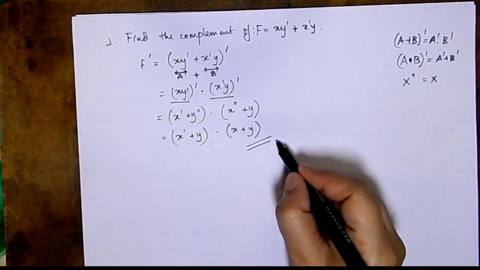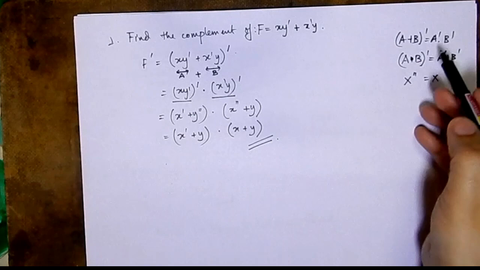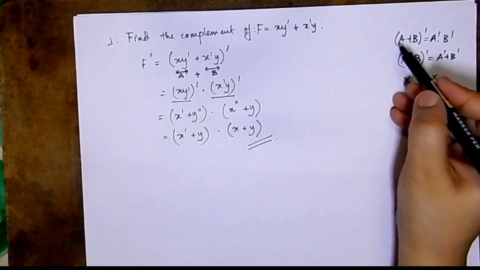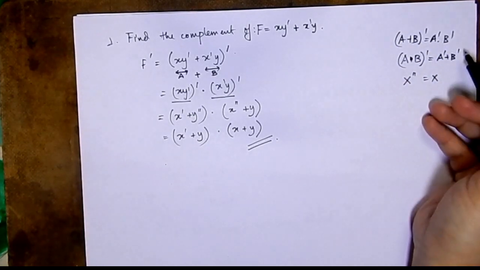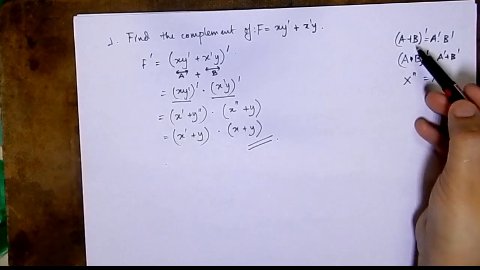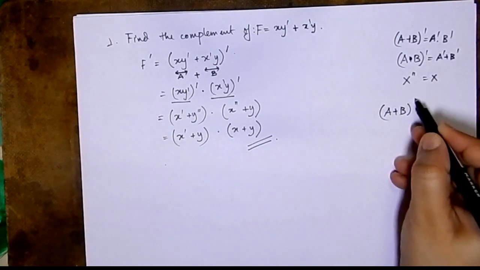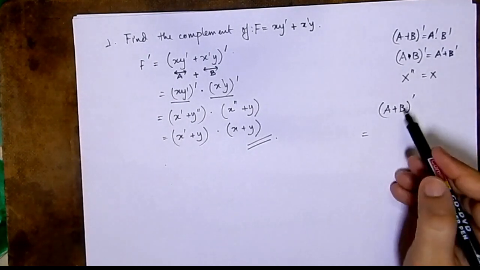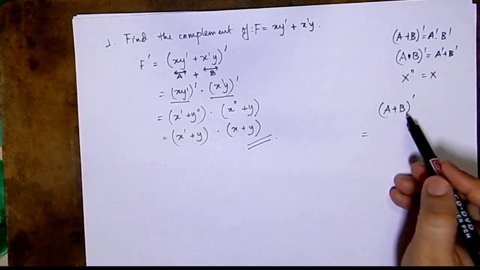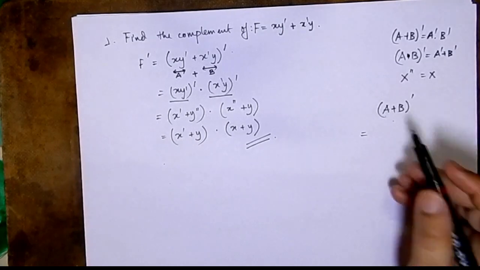This is the complement. Now there are many things to notice over here. You must observe how we are breaking it. There is a very simple way that students usually resort to: (a plus b) whole dashed is, break the sign and make the two complements. Just break the line, change the sign.